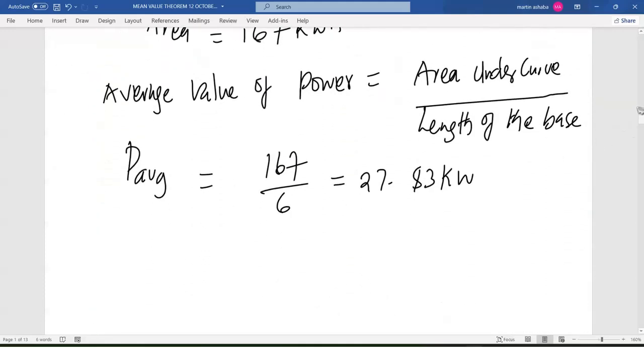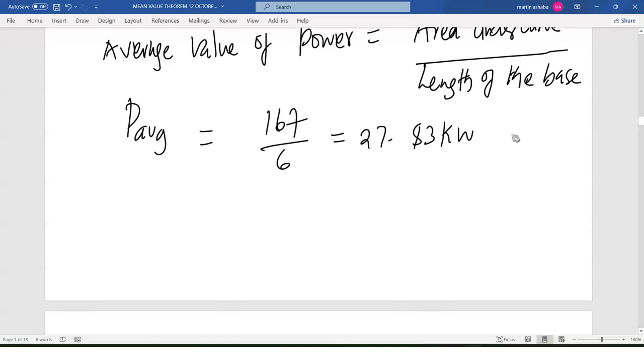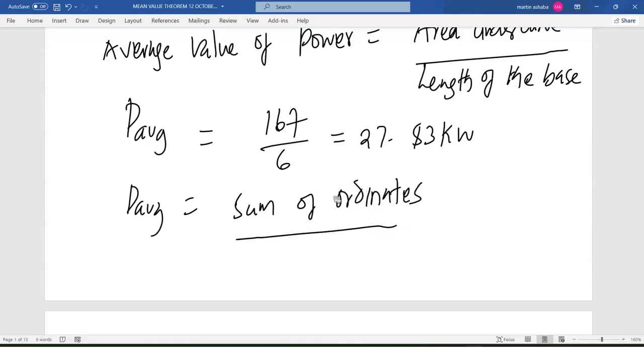Another method: P average can be the sum of the mid-ordinates divided by the number of mid-ordinates. This works when h is equal to 1.